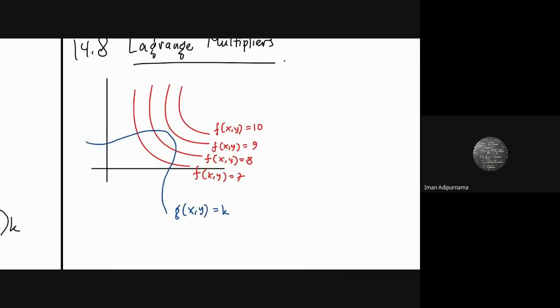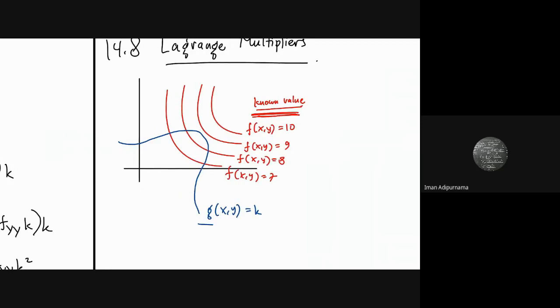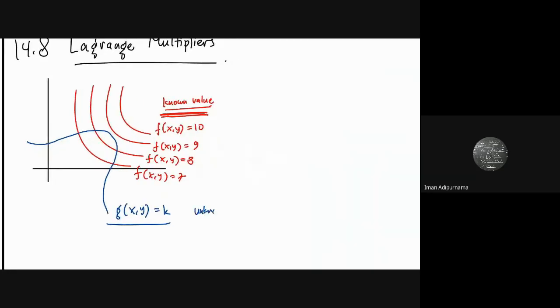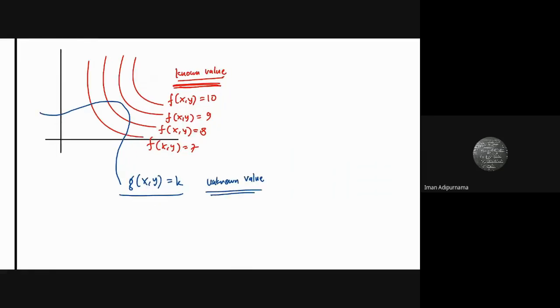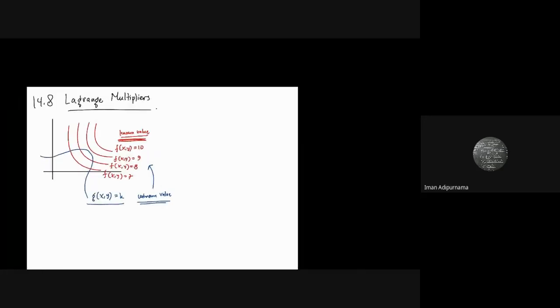What's the point of all this? Okay, so this, the red color, is the known value, right? So we know this level surface, the constant. But this is the unknown value, right? The Lagrange method, basically, we are going to approach this unknown value with some known value. So let me write here.